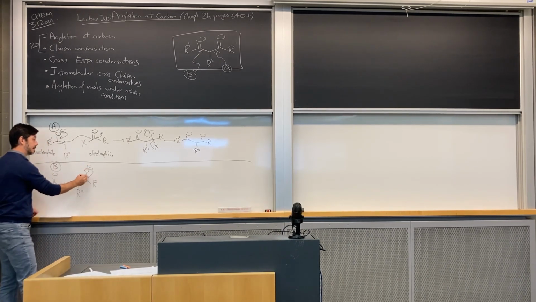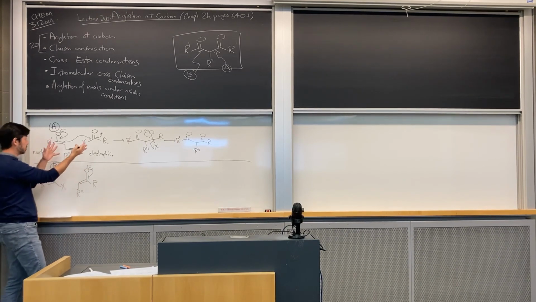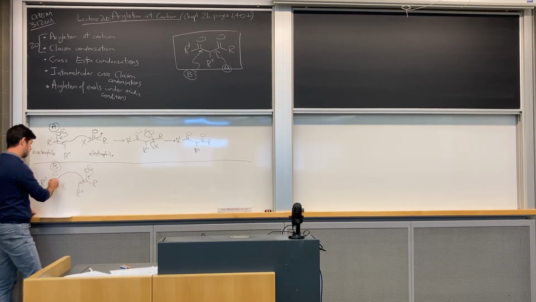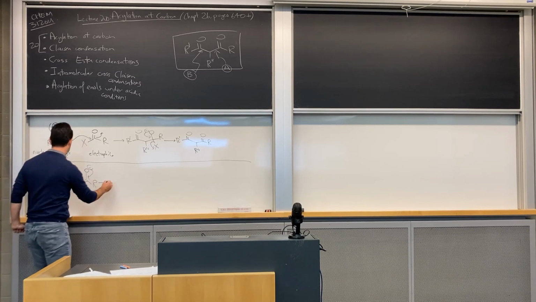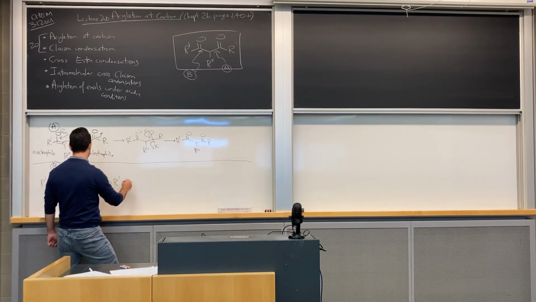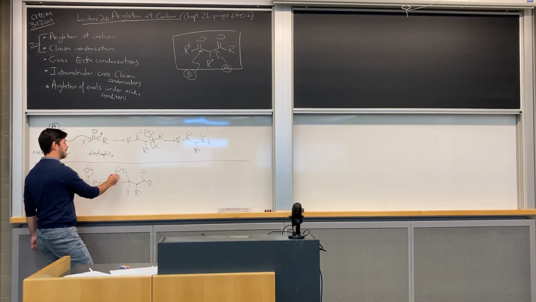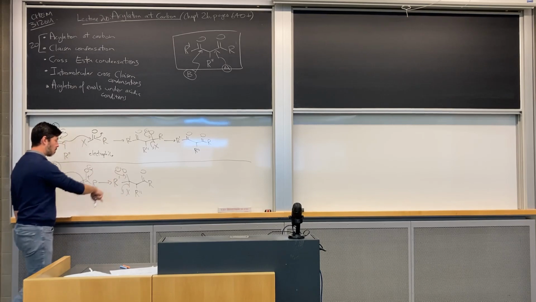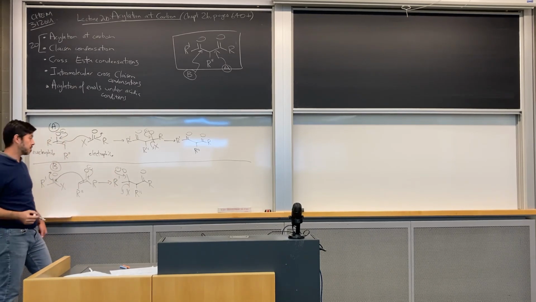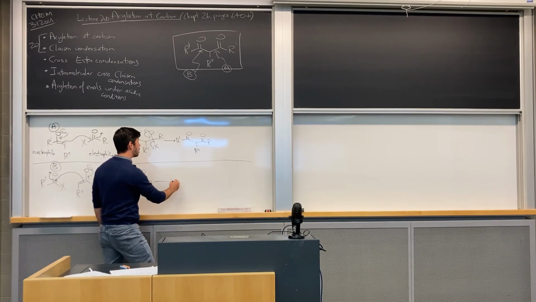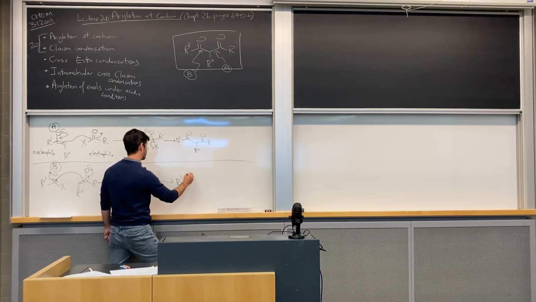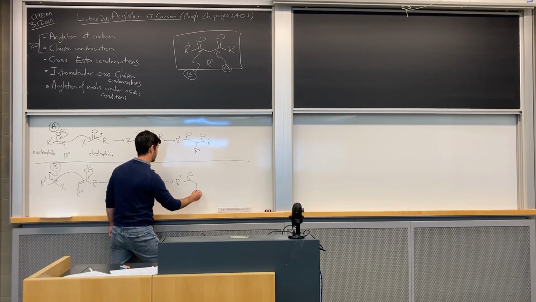So this will react in a very similar and analogous fashion to route A. And then the carbonyl forms, displacing off your leaving group X. Both methods will generate your product.